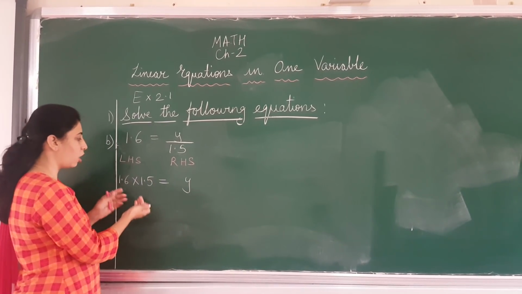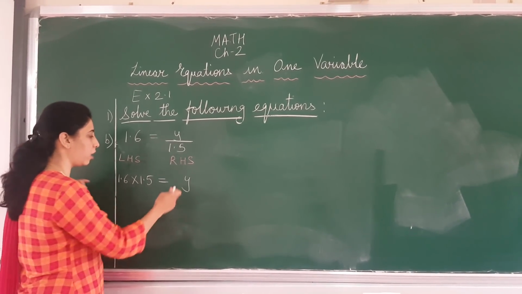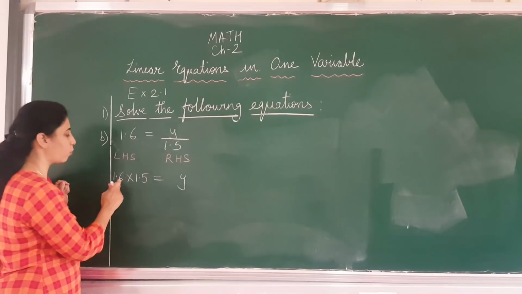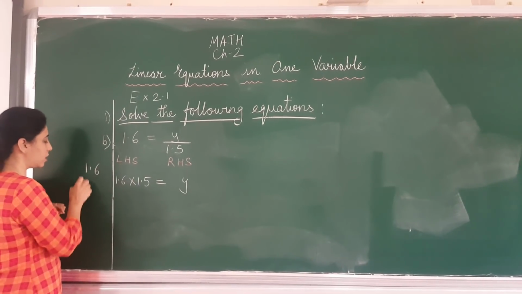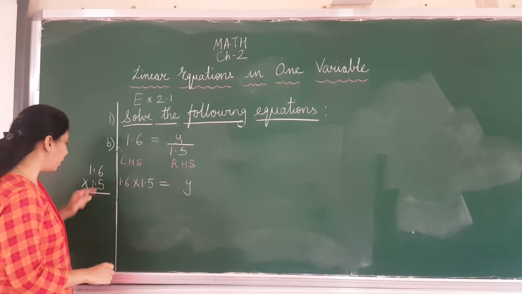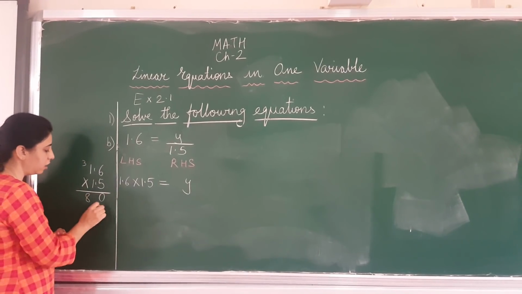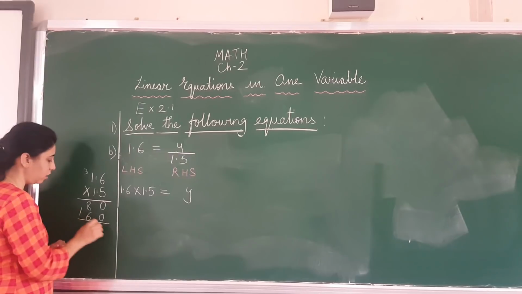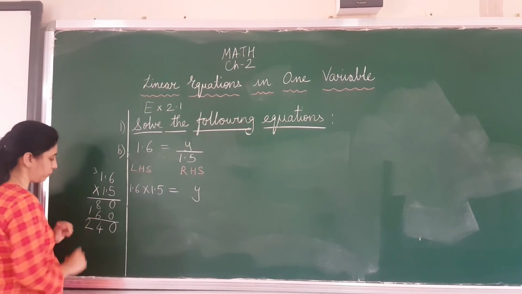Now it's very easy. You have already learned multiplication of decimal numbers, so you are going to multiply now. So y is equal to 1.6 into 1.5. Now you are going to multiply. 5 6s are 30, 5 the 5, 6 7 8, 0, 1 6s are 1, 0, 6, 4, 14, 2.